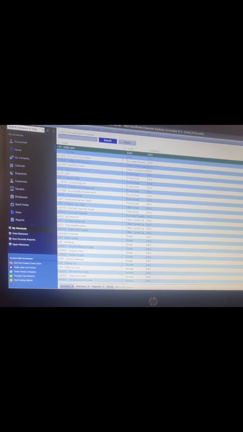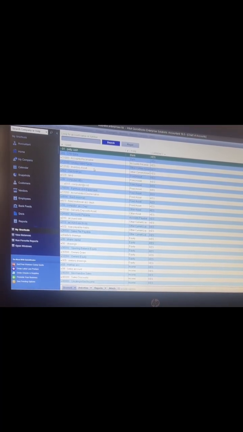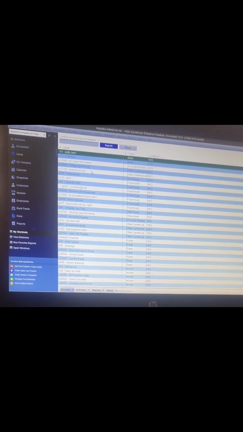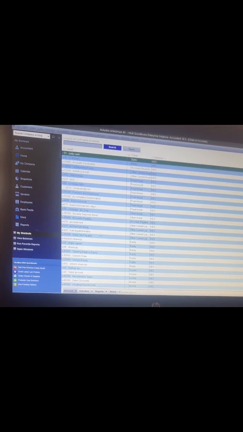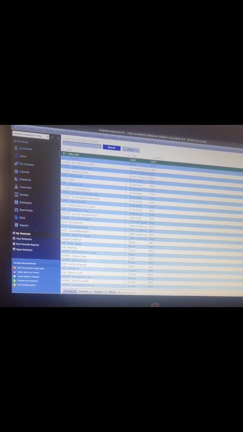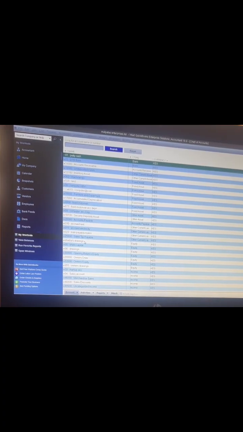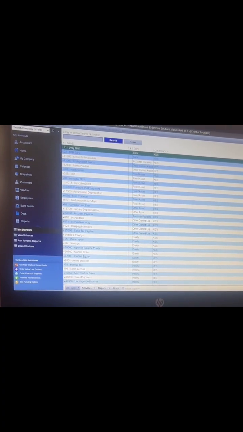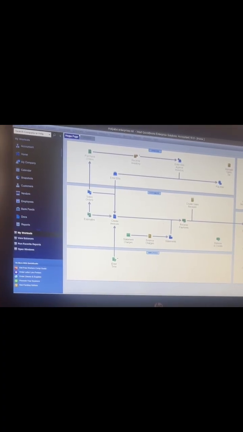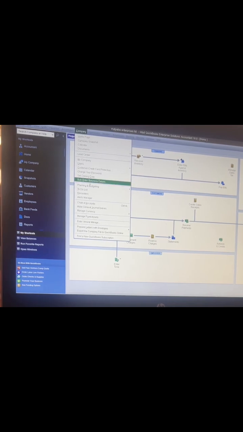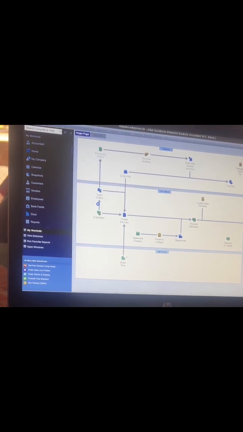But the inventory asset is already there by default. And then let's use Shadia's drawings, which we already created. So after that, you come to the general journal to record the transaction. So you come on company, make general journal entries.